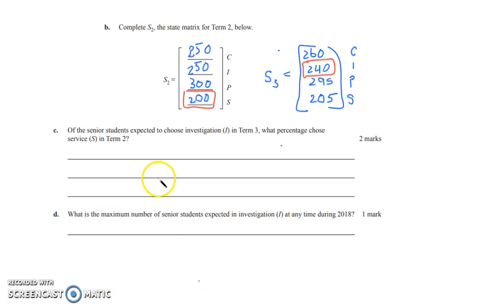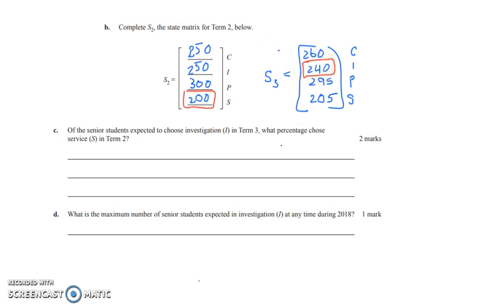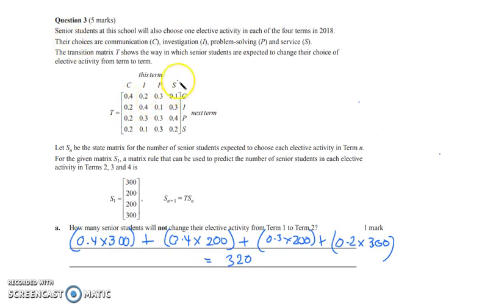One of the things we need to do is actually look at what percentage change from service to investigation. So we go back to this matrix here. We're looking at what percentage went from S to I, which is 30% of those in term 2 that were doing service went to investigation.